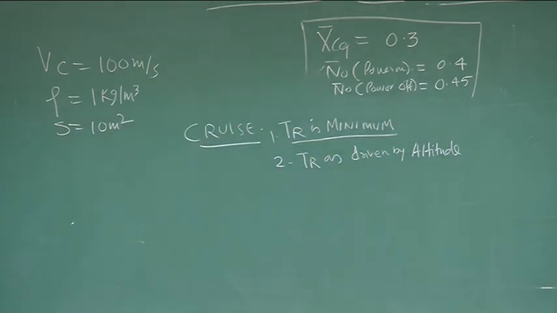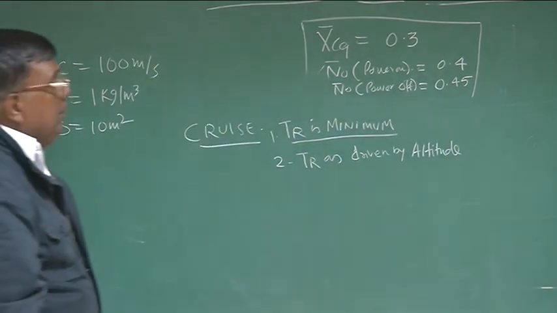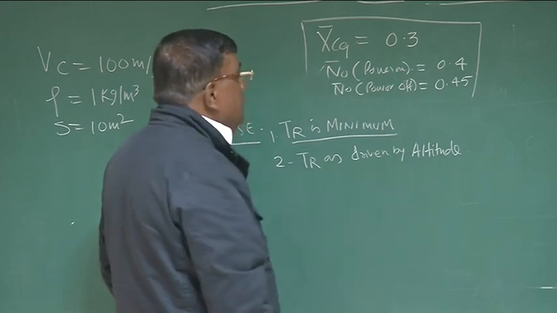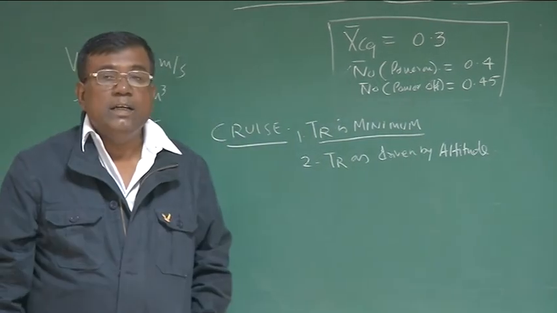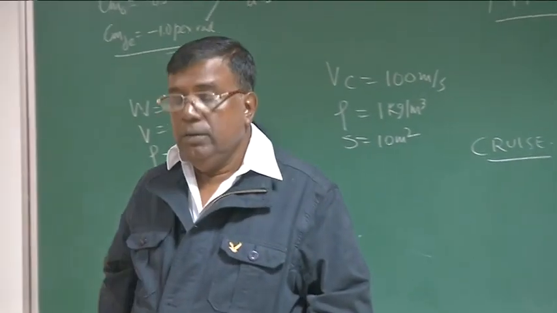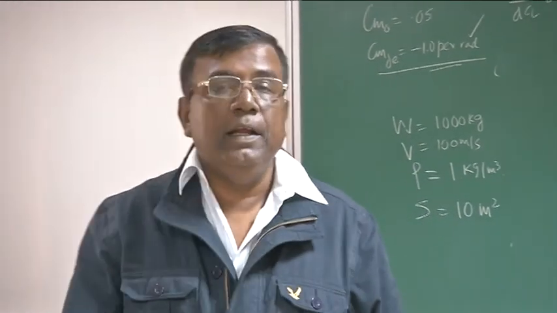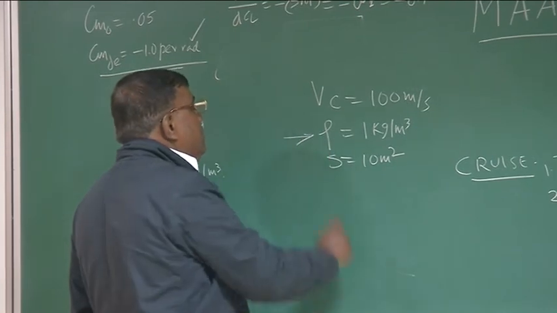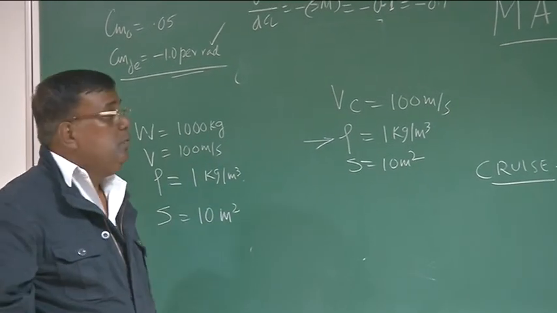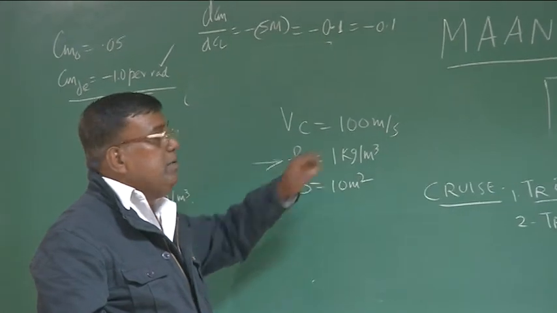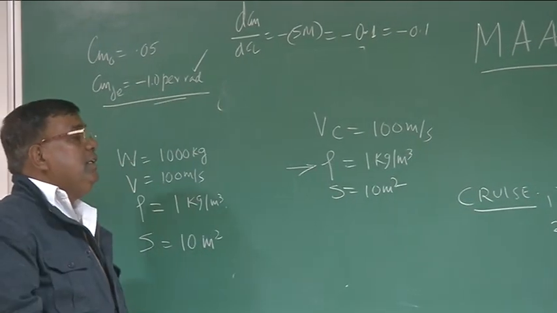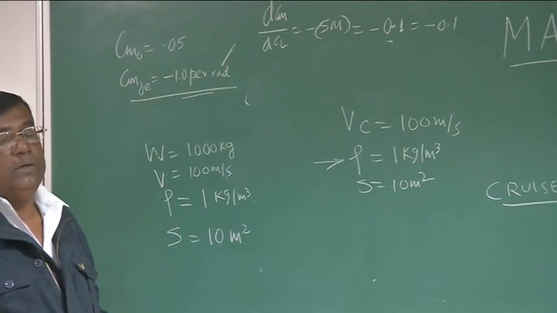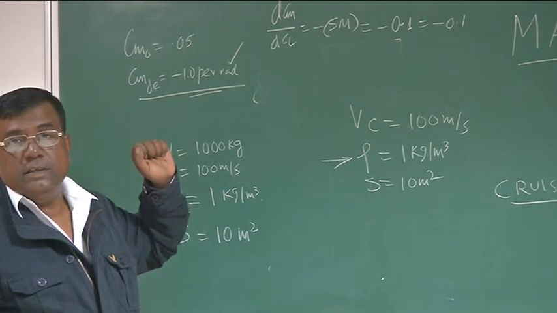So thrust required minimum, the moment I want to solve this problem, what is my question? The question is, what is that elevator required to ensure that the airplane, when it is flying at an altitude where rho is 1 kg per meter cube and cruise speed is 100 meter per second. So what is that elevator required to trim the airplane with this condition, right?